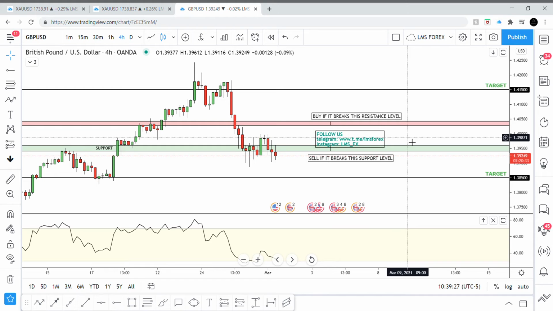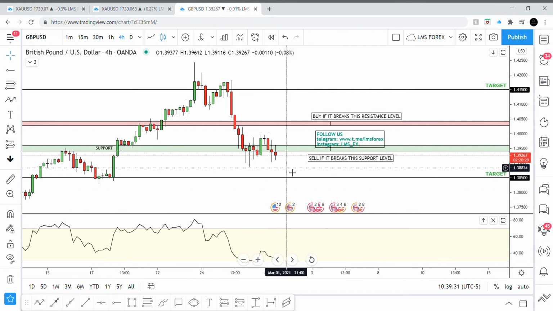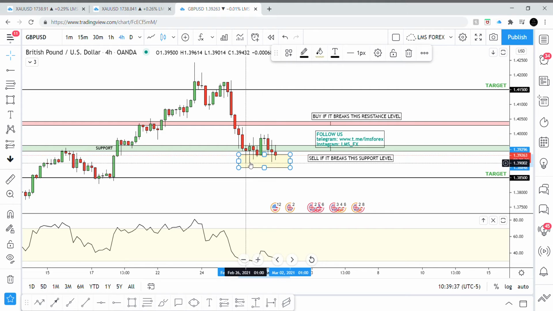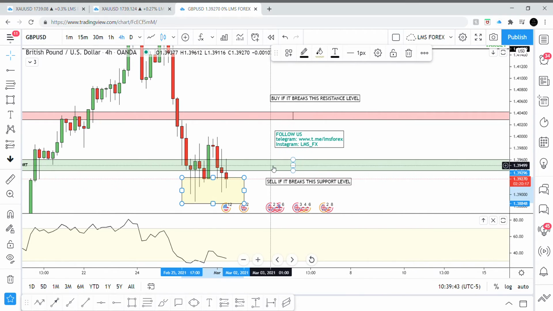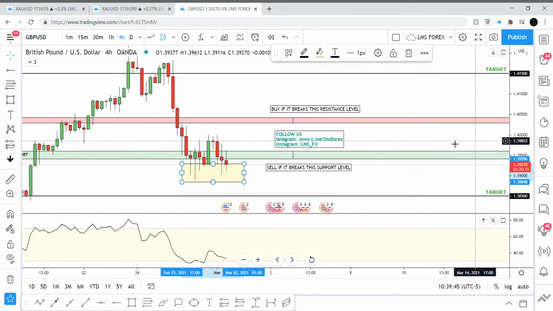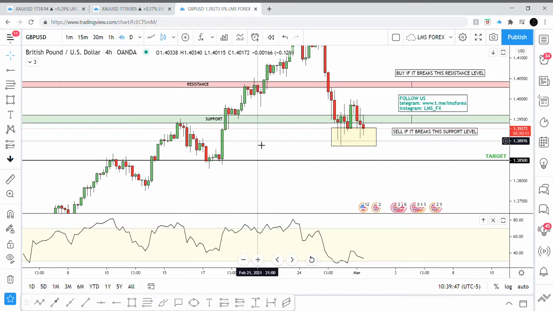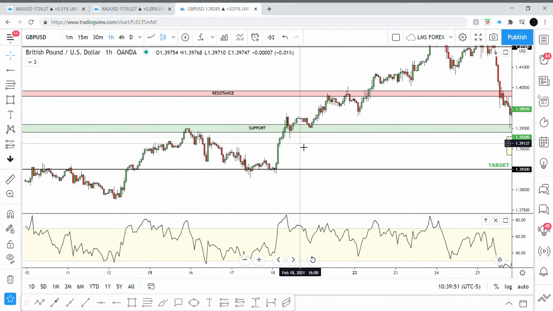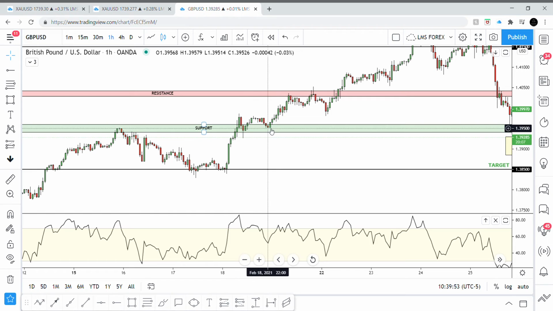What is this? GBP/USD. What happened here? This one is an area that is very scary because you see all of these rejections happening in this area. We don't know what's going to happen here. It's a very tricky area. However, we have marked this as a support before, because the price has respected this level as support multiple times, one time, two times already.